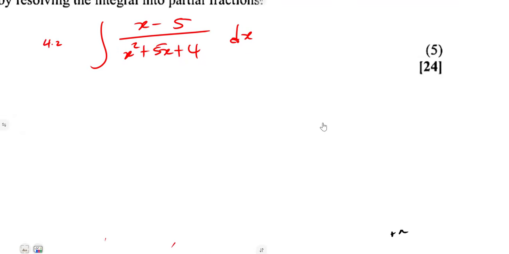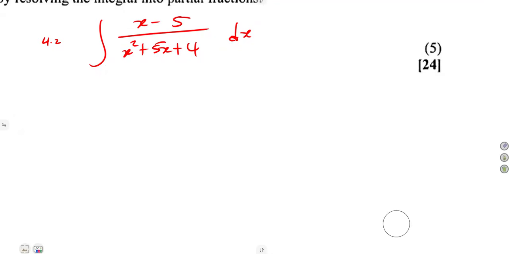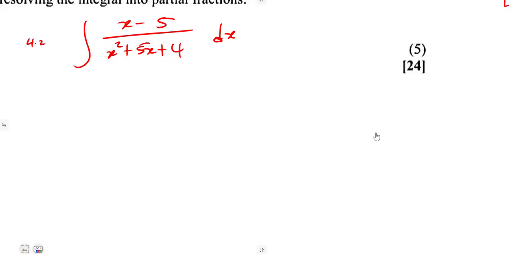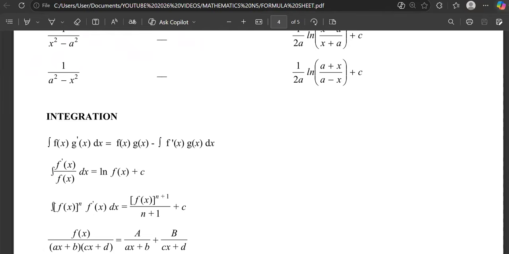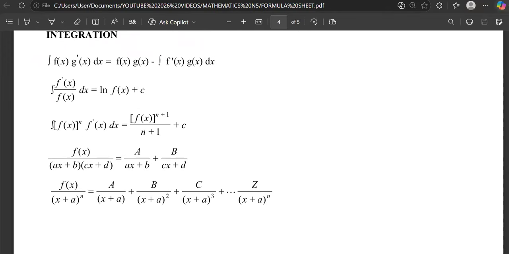Remember, our partial fractions allows us to separate a single fraction like this into separate fractions. From our formula sheet, we have this presentation of partial fractions.